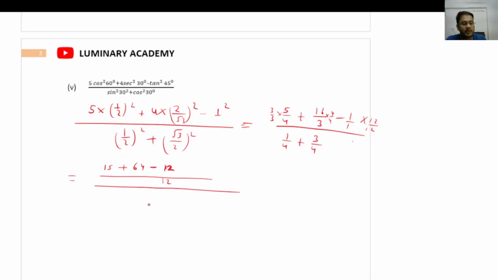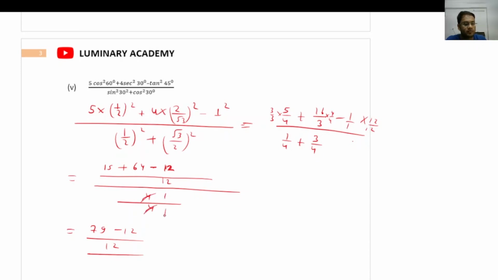And here the LCM will be 4, and 4 upon 4, right? So if you solve it, you will get 79 minus 12 upon 4, and the 4s can be cancelled out together.